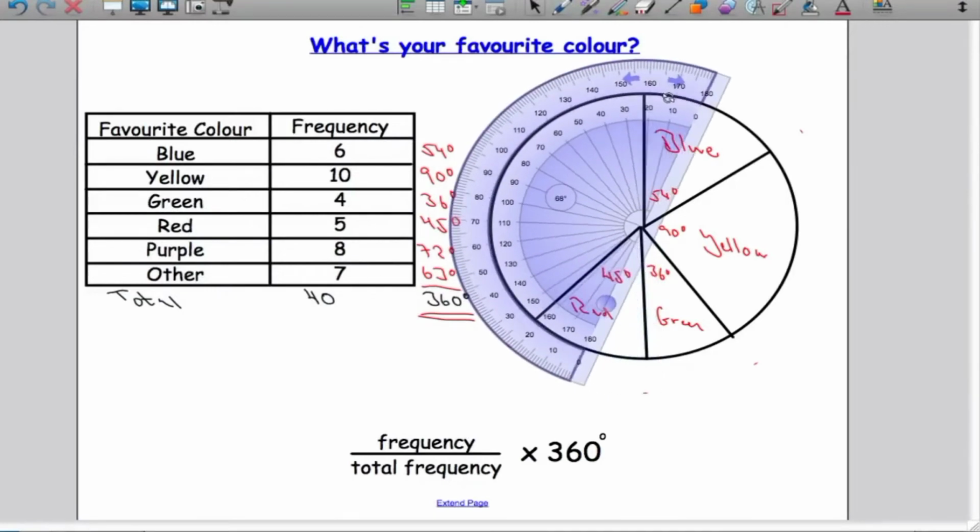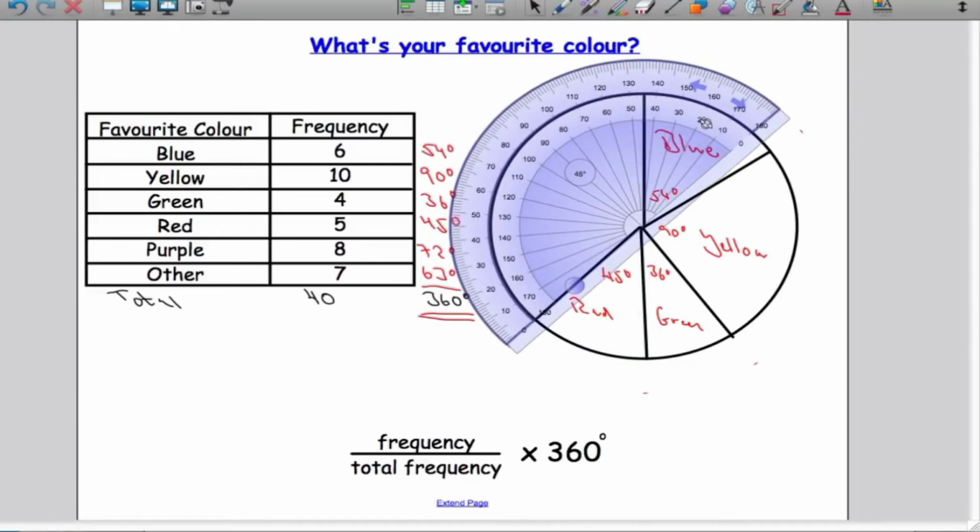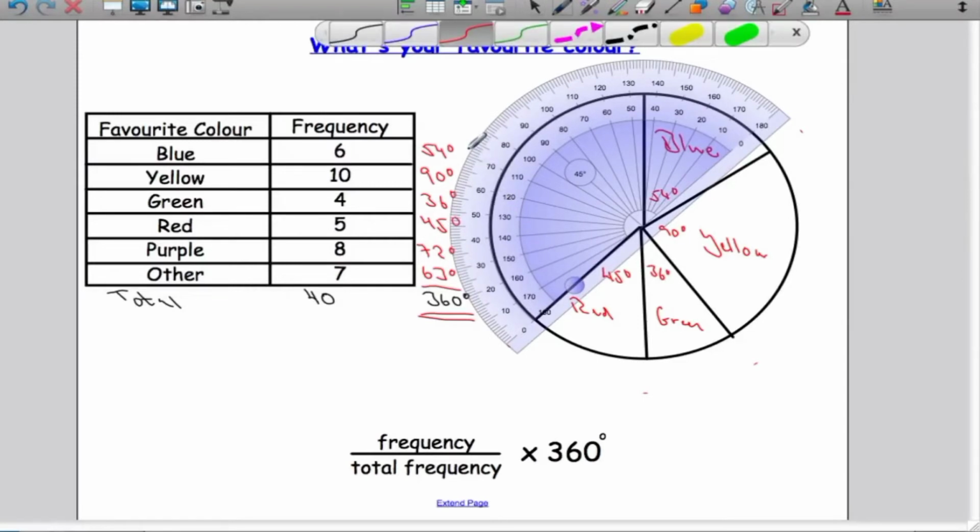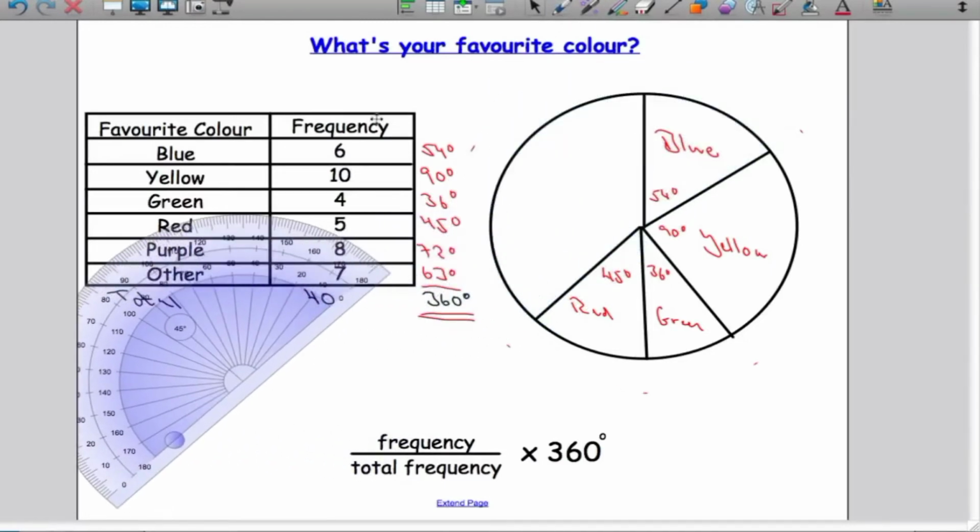Purple is 72 degrees. With the aid of our compass, placing it at point 0, we'll look for 72 degrees in our compass. Then using your ruler, you draw a straight line. 72 degrees for purple. Then finally, the other.